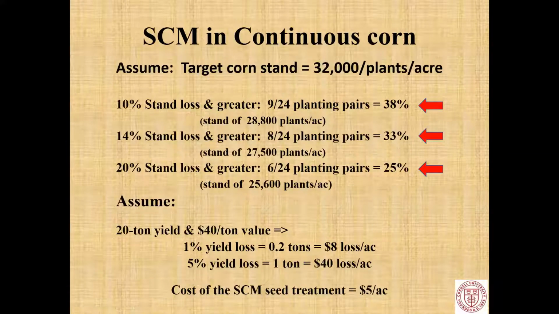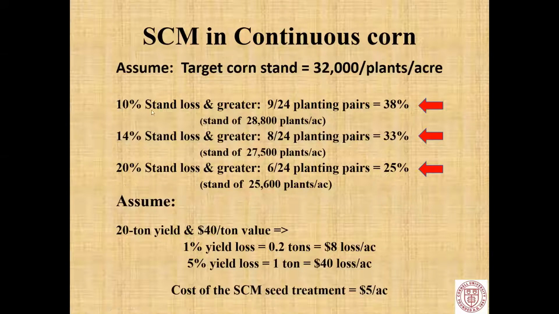Okay, so what are the results? Well, let's assume our target stand was 32,000 plants to the acre. There's a lot of debate among agribusiness professionals in field crops as to exactly where we're going to start to see yield loss with stand loss.